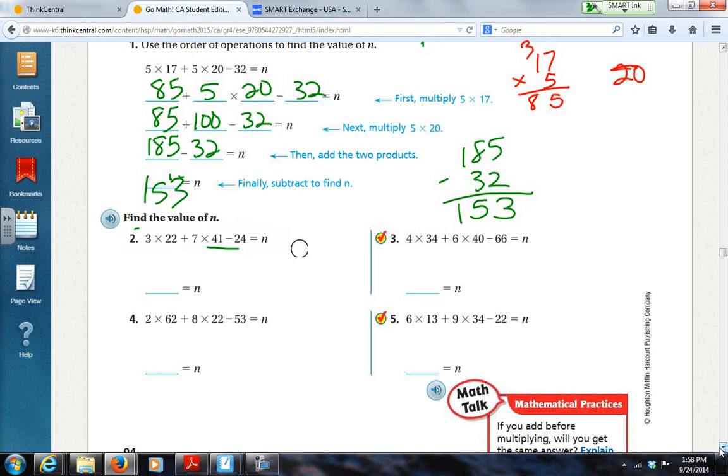Okay, so 3 times 22. Good, so I'm going to go 22 times 3, which is what? 3 times 2 is? 6, and 3 times 2 is? Okay, so I have 66 here. Now what do I do? What's the next step? Hayes, what's my next step?